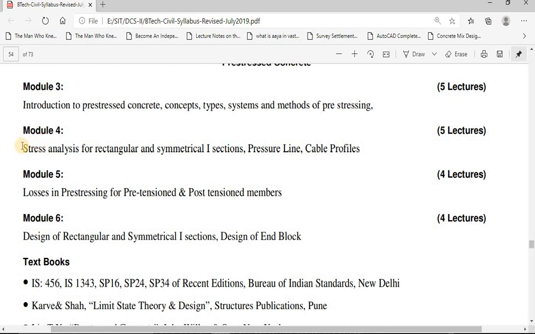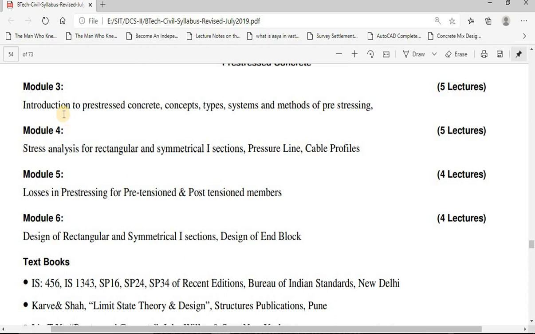So before designing any structure, analyzing the stress is very important. The structure might be of rectangular shape or of I section. So analysis of those stresses we are going to study in module number 4, but it is limited to only rectangular and symmetrical I section. So pressure line diagram and cable profiles also we are going to study in module number 4.